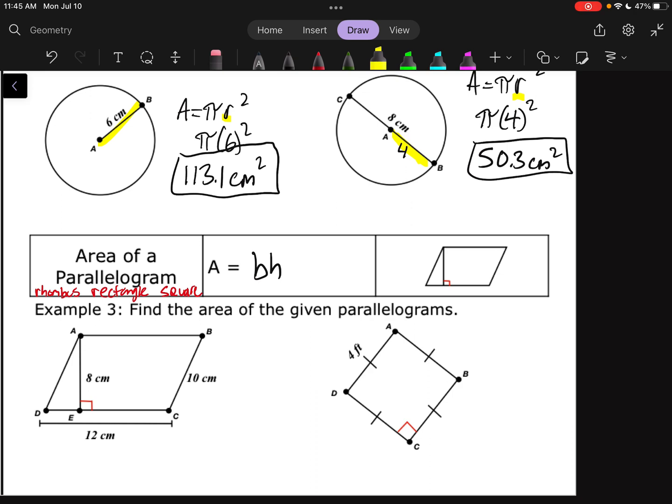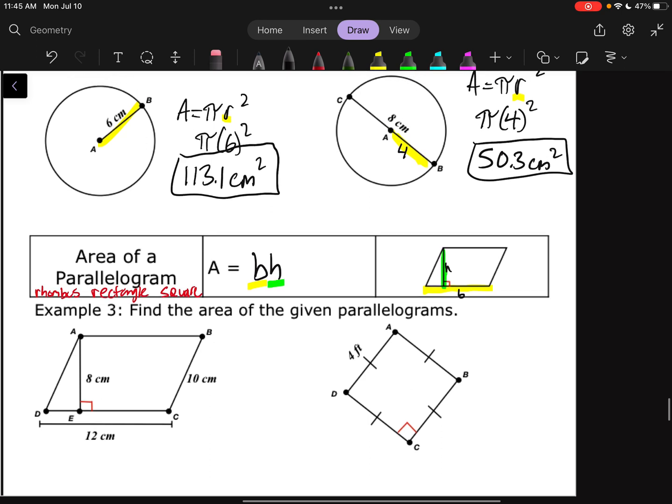Sometimes it's a little easier, like for a square, when all 4 sides are the same. But all of them are just the base times the height. And remember, base and height always needs to form a right angle. Do not be deceived. You got to have a right angle for the base and the height.